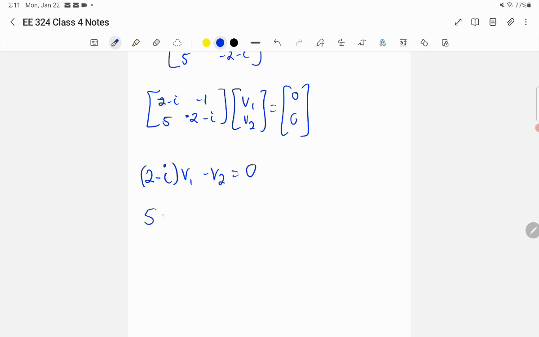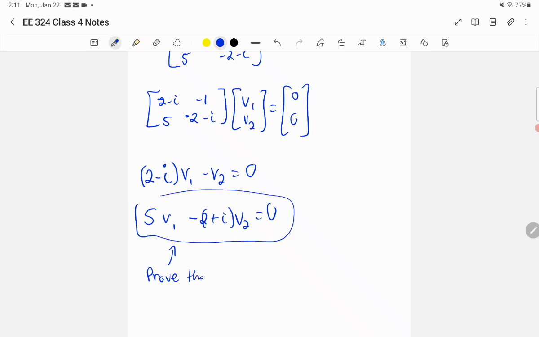Prove to yourself that the second equation gives 5v1 minus 5v1 equal to 0, or 0 equals 0, when substituting in.